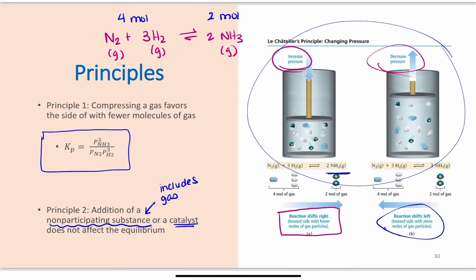It's not going to affect the equilibrium because it's not participating in the system itself. Does it add more gas molecules? Sure. But this equilibrium is based on the partial pressures of the reactants and products in the equilibrium.